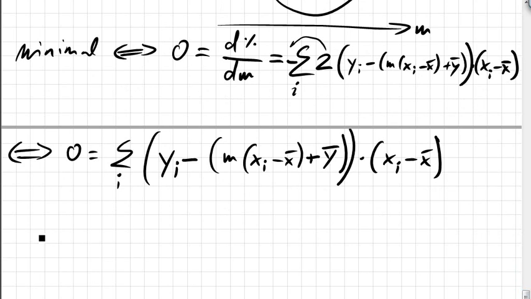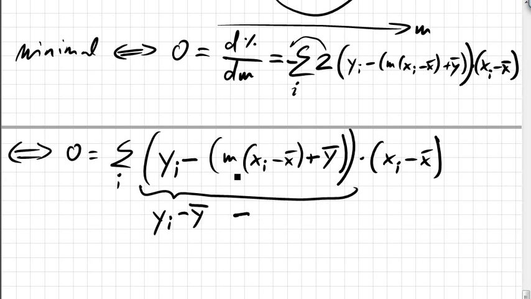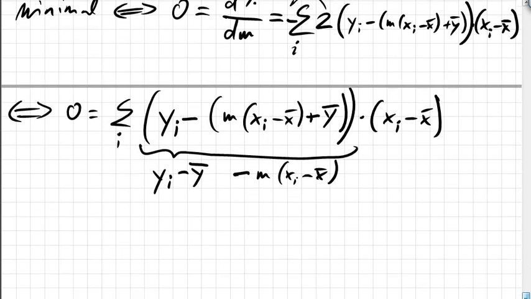Now let's put everything together. Let's form 2 parts. The front one is yi minus the average of y, minus m times xi minus the average of x.